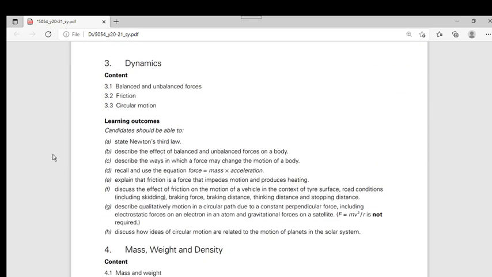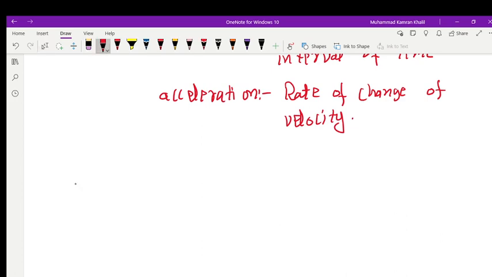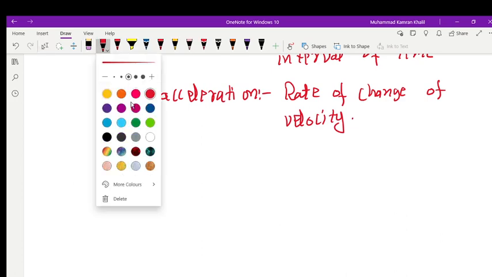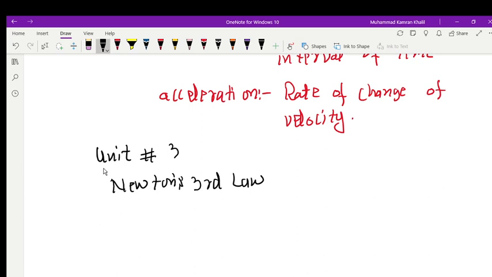Okay. Now for topic number 3, dynamics. State Newton's third law of motion. So unit number 3, Newton's third law of motion.